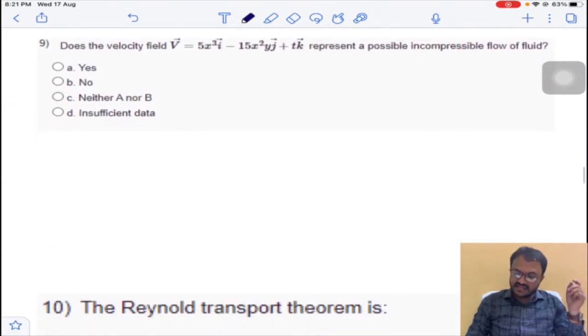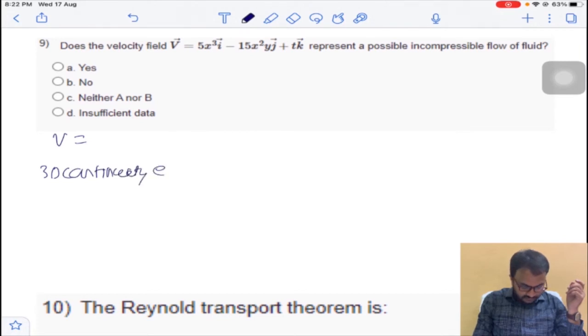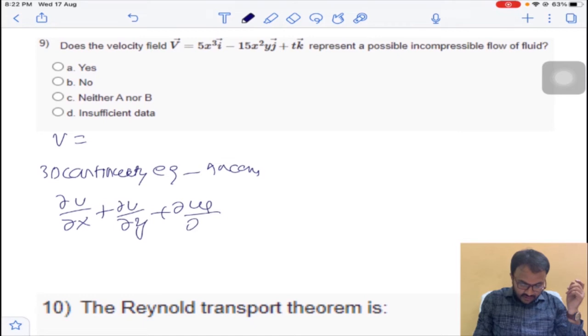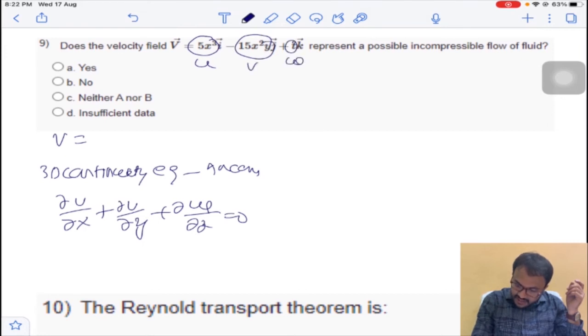Now, does the velocity field he has given, a vector, represent a possible incompressible fluid flow. So he has given V equal to some vector. The 3D continuity equation for incompressible flow is ∂u/∂x + ∂v/∂y + ∂w/∂z = 0. The coefficient of i is u, the coefficient of j is v, the coefficient of k is w.